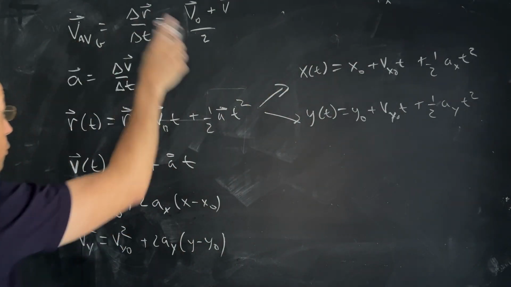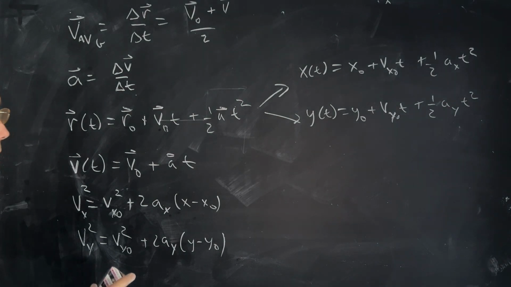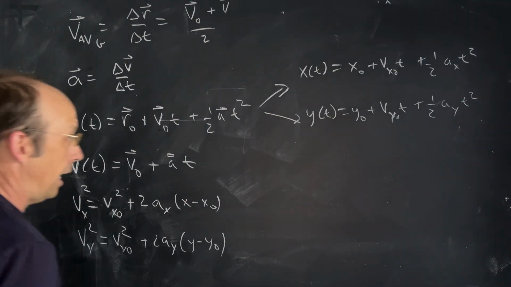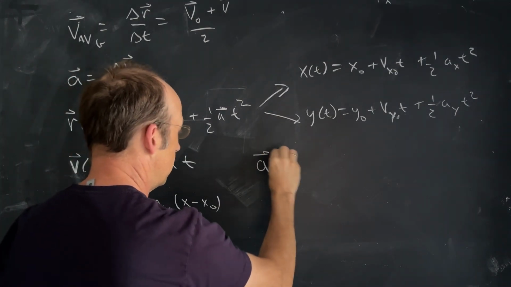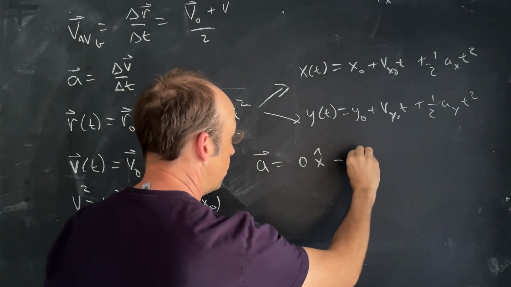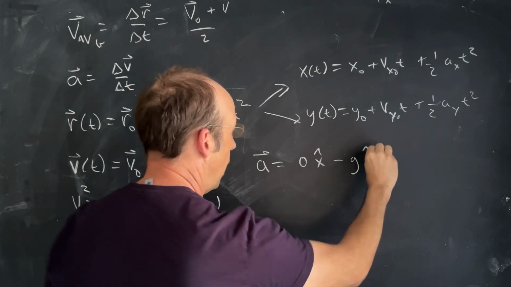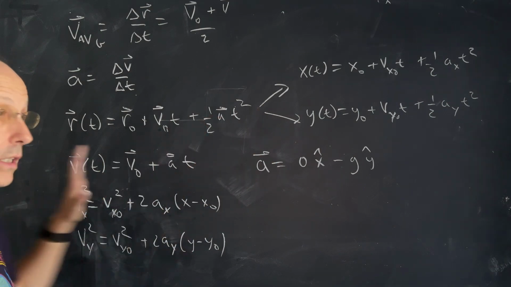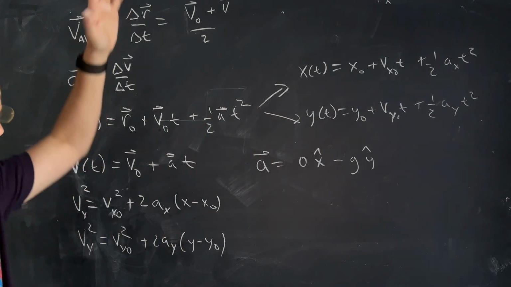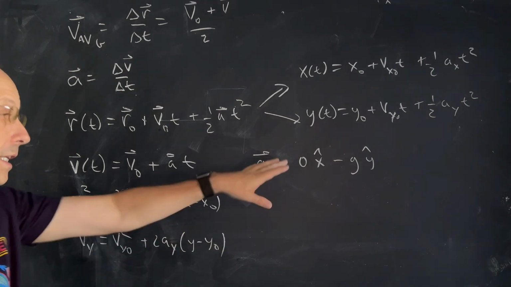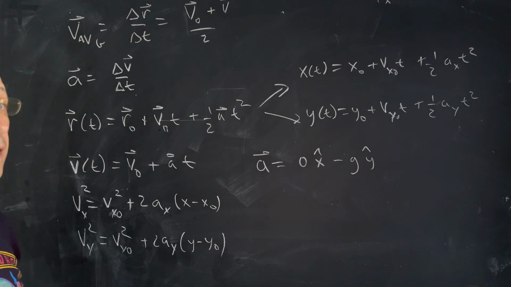So for projectile motion, this same thing works, except that the acceleration is actually 0 x hat minus g y hat. It has no acceleration in the horizontal direction. It has acceleration of negative g in the vertical direction, just like we said before. We did vertical motion problems. Now we can just add in horizontal motion problems too.